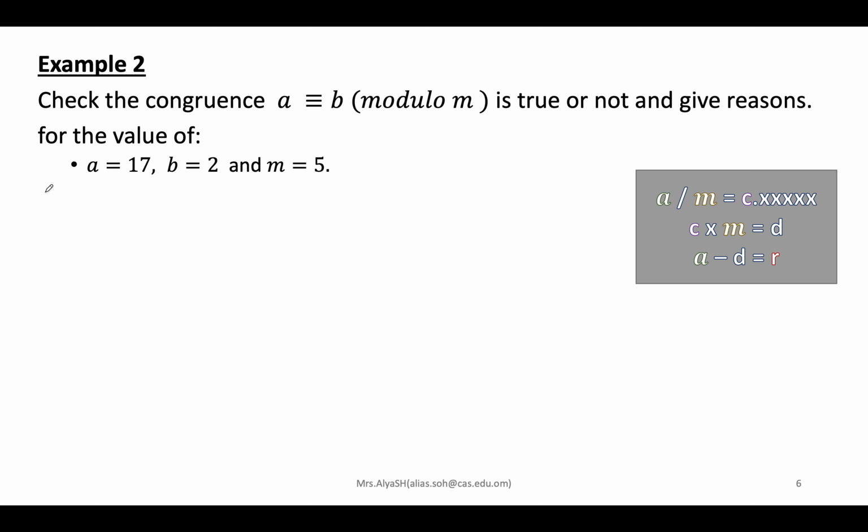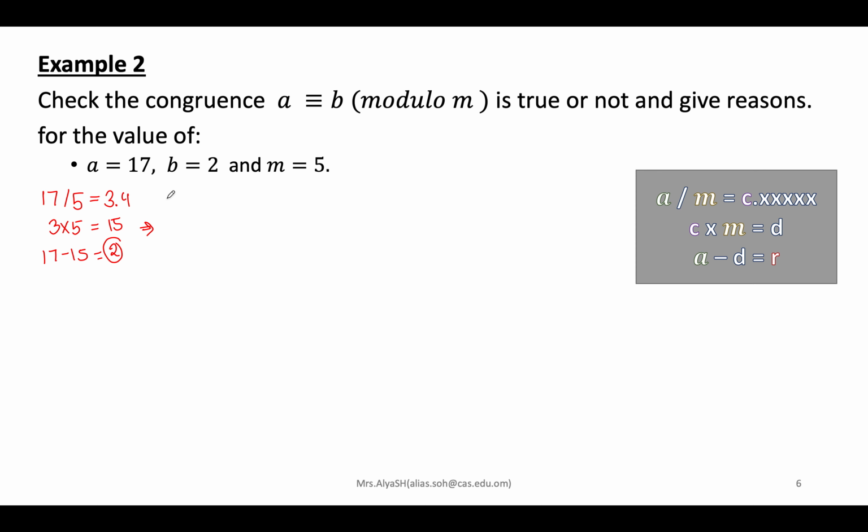So 17 divided by 5 equals 3.4. Then we need to multiply the number before the fraction point by 5, and we got 15. Then subtract 15 from 17 and we got the result as 2. So 2 is the remainder here.